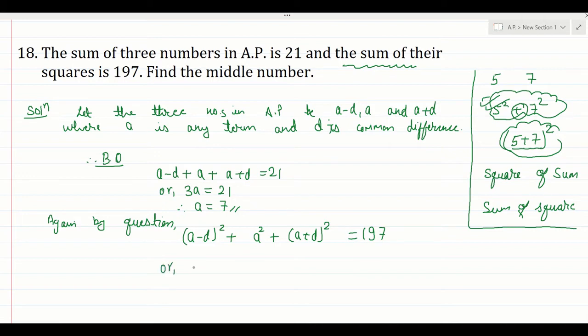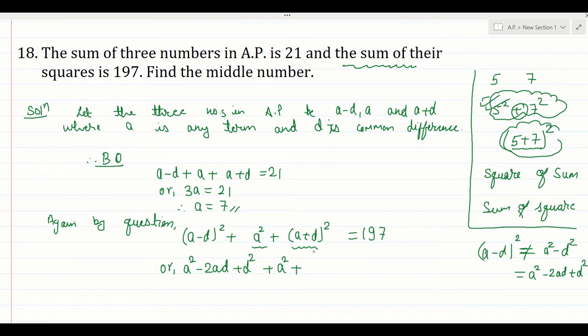Now how much is A minus D square? Is it A square minus D square? No, it is A square minus 2AD plus D square. Isn't this? So let's apply the formula. It is A square minus 2AD plus D square. This A square is copied. Plus, now again it is A plus D square. What is the formula for A plus D square?